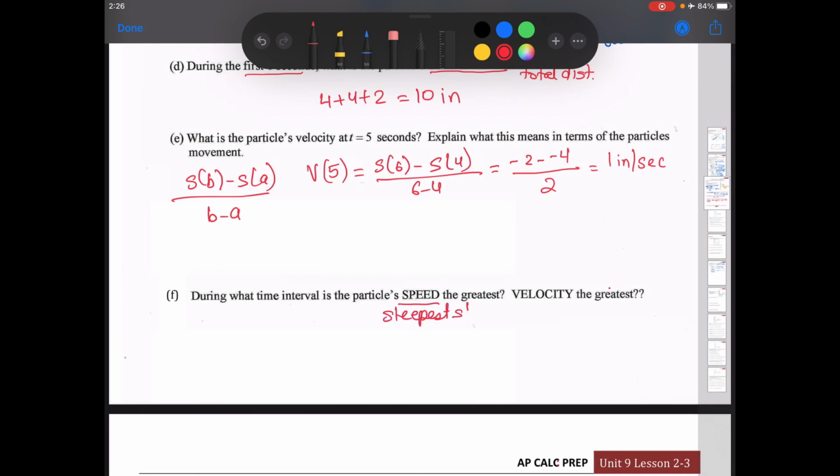It has the steepest slope on what interval? From 2 to 4? Now the velocity is greatest where? It's a position graph. So again, how do I determine my velocity using the position graph? I look where my slope is positive. Where is my slope positive? Over what interval? And that would be 4 to 6.